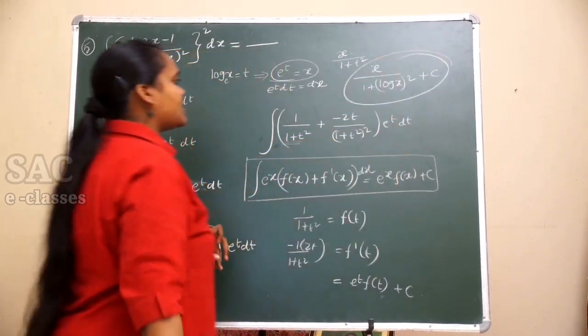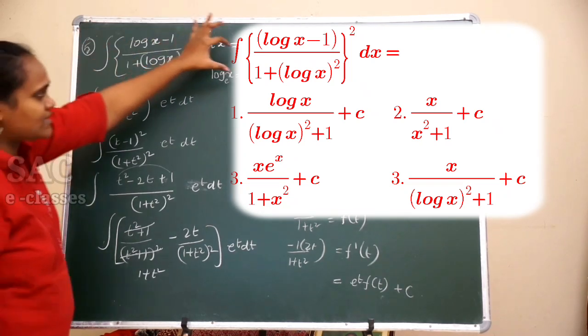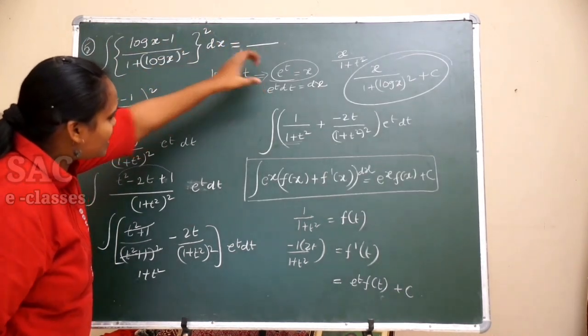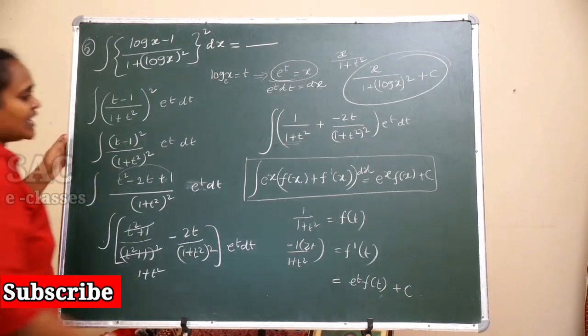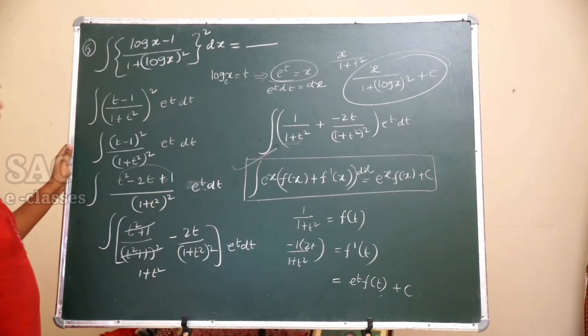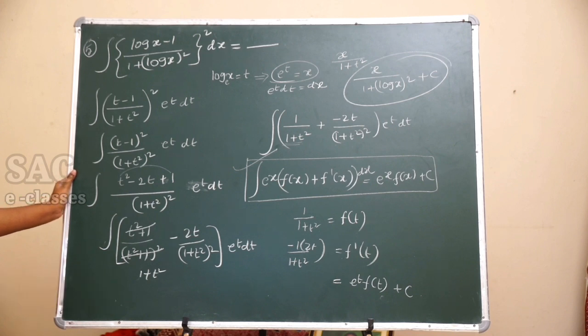This is the finalized answer. Very simple. First take that log x is t, convert it as e power t. Now you will get the rest of the answer with the help of the condition integration e power x into f of x plus f dash of x dx equal to e power x f of x plus c.